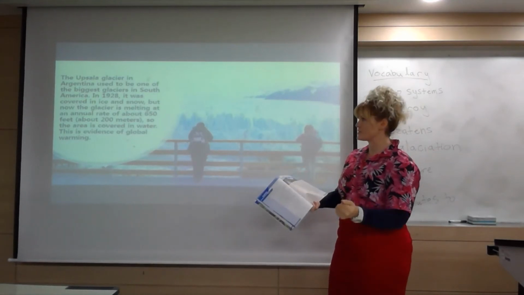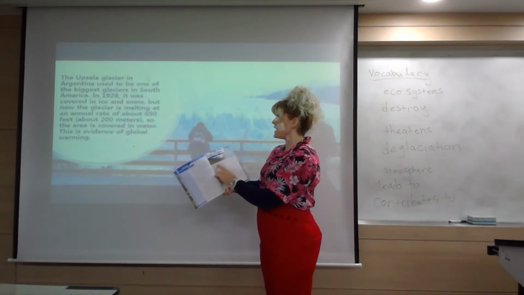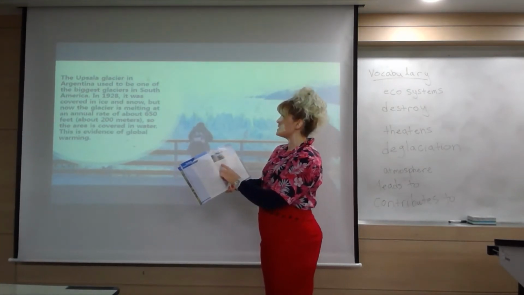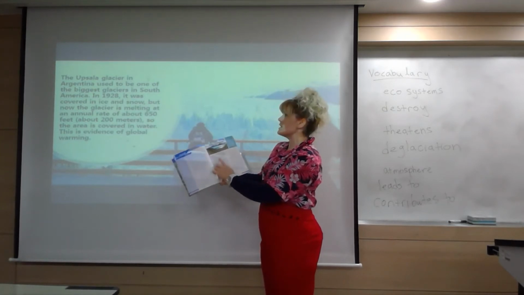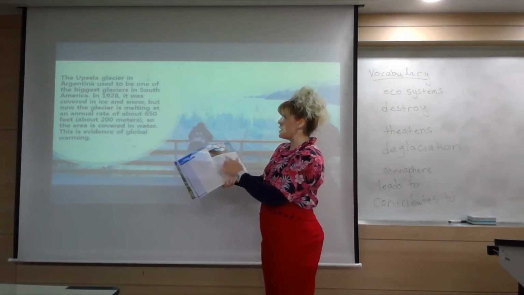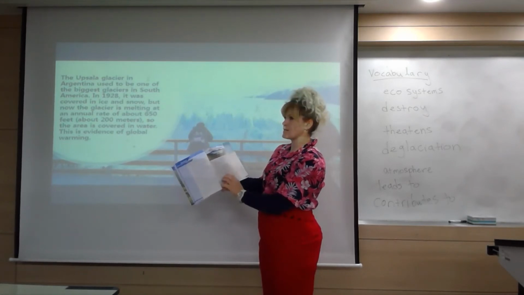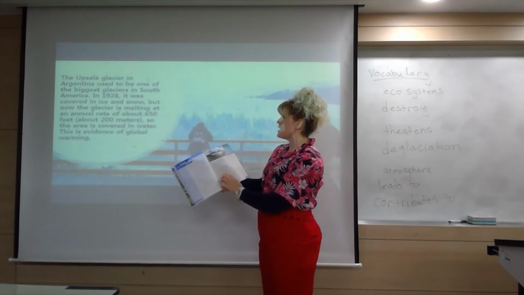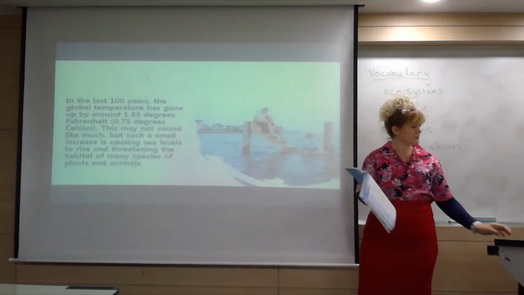Enjoy the pictures. The Uppsala Glacier in Argentina used to be one of the biggest glaciers in South America. In 1928, it was covered in ice and snow, but now the glacier is melting at an annual rate of about 650 feet, so the area is covered in water. This is evidence of global warming.